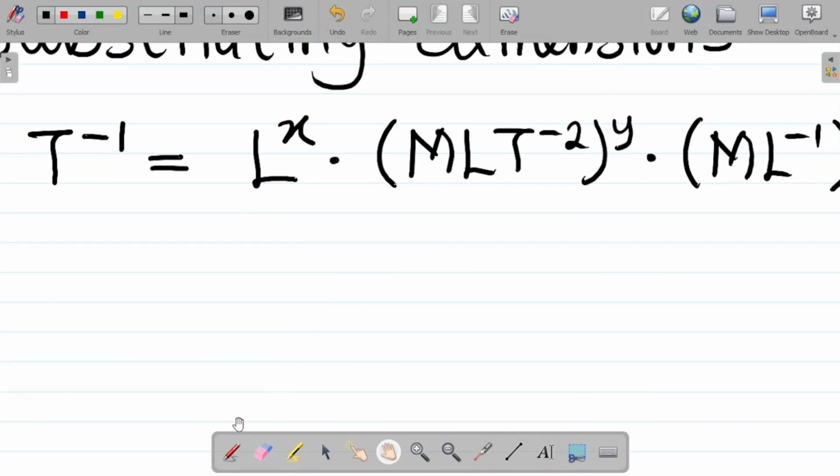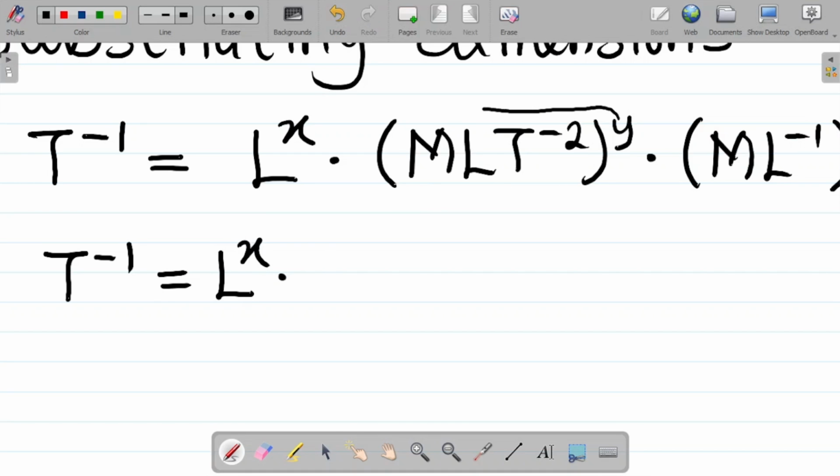Let's now expand this. If we expand this, we have t to power minus 1 is equal to this L to power x, L to power x dot, for the m. All right, so use y to multiply each of the terms in these brackets, as their superscript. So it becomes dot, the first one I have there's m into y multiplies the 1 here, is a 1 here. So y times 1 gives you y. We'll take L. So y times the 1 here. So y times 1 gives you y.